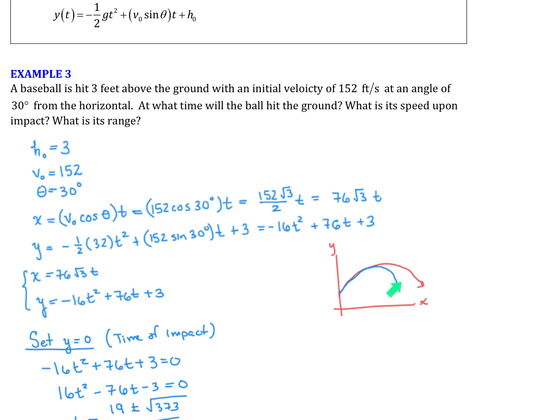So it would perturb the parabola. But that's much more difficult math and requires differential equations to solve.